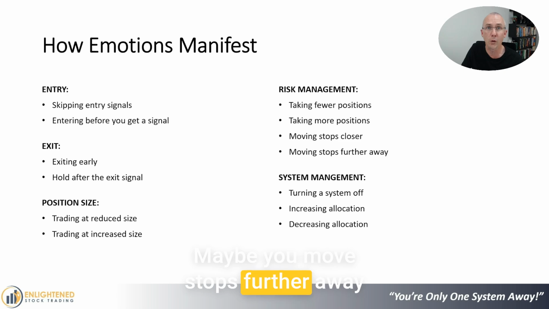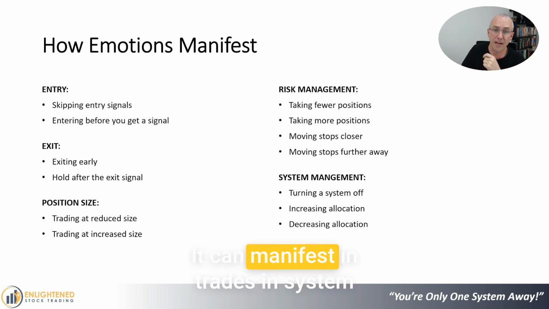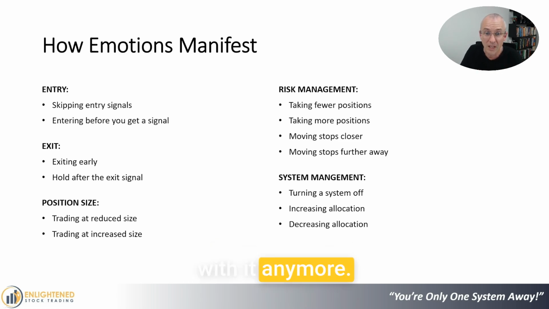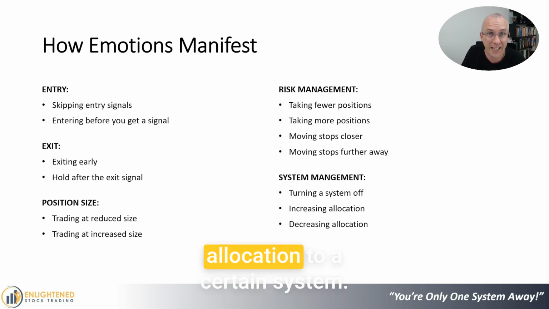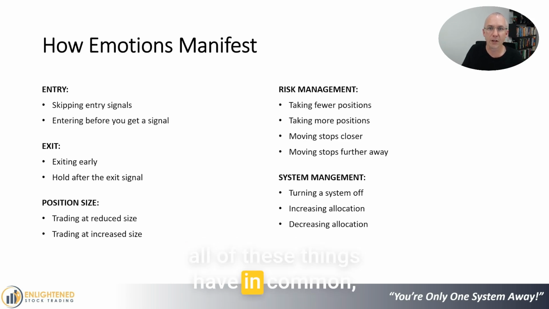Maybe you move stops further away because you feel like the stock is definitely going to turn around. It can manifest in system management where you turn a system off because all of a sudden you're not comfortable with it anymore, or you increase or decrease your allocation to a certain system because of how you feel about it. Now, there's something that all of these things have in common, and that is that basically they're all a mistake.